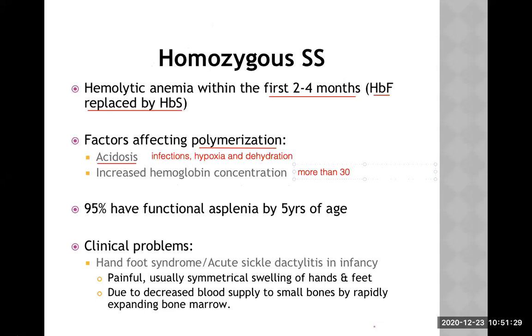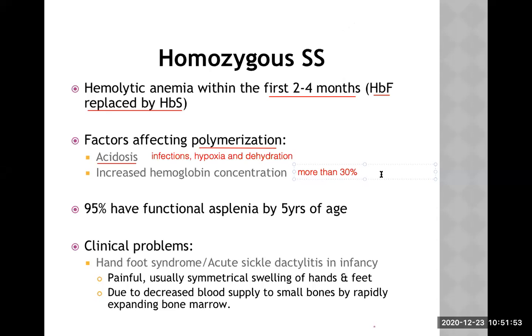Now see that. What happens in dehydration regarding the hemoglobin concentration? Anyone? What is dehydration doing regarding the hemoglobin concentration? Anybody?